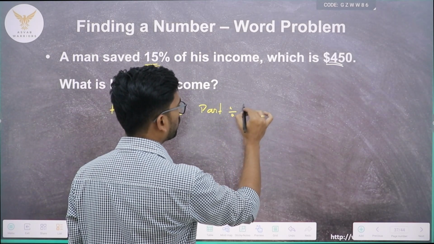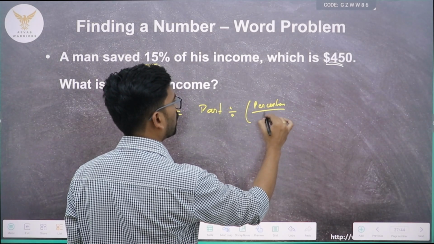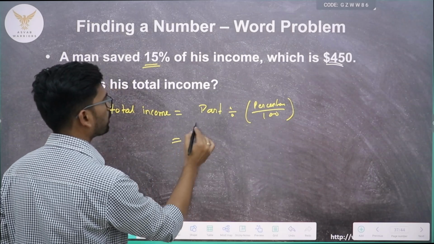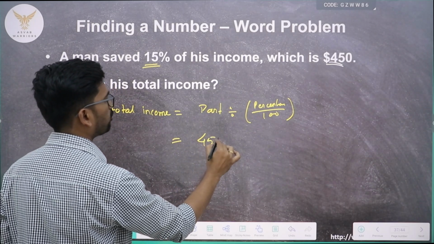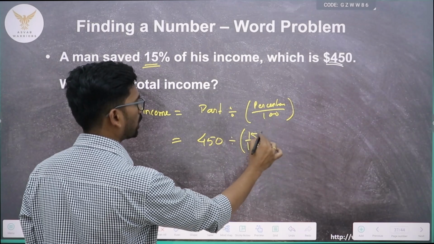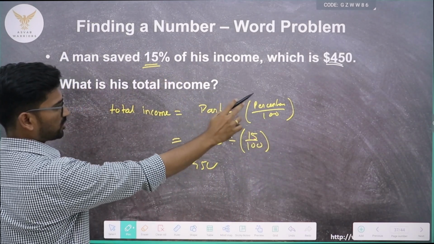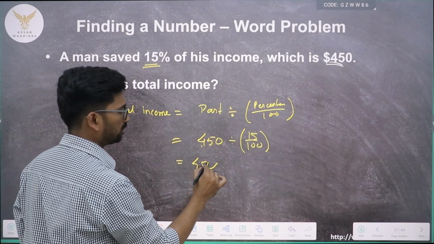So part divided by percentage upon 100. What is part here? Part is 450 divided by 15 upon 100. 15 is 15% and 450 is the part.